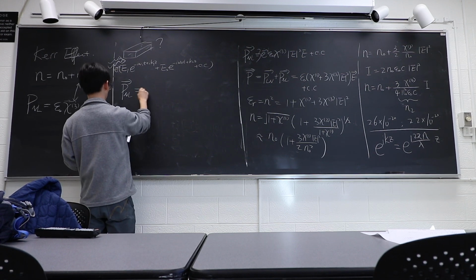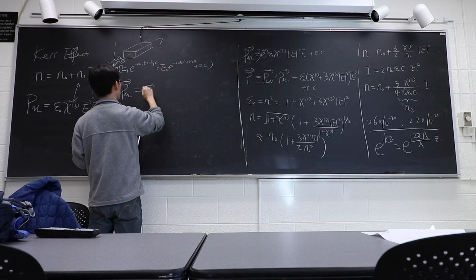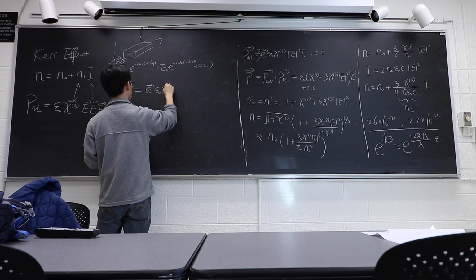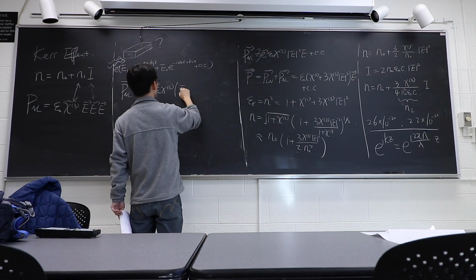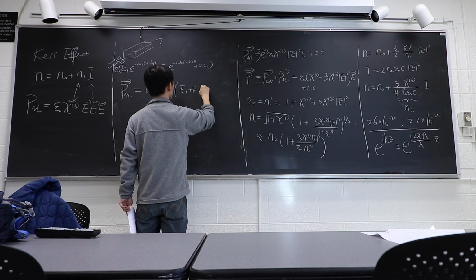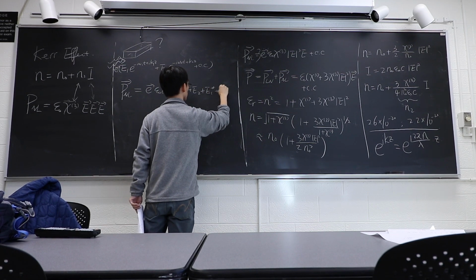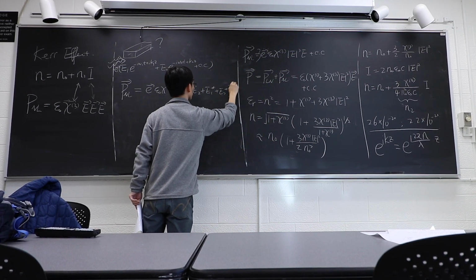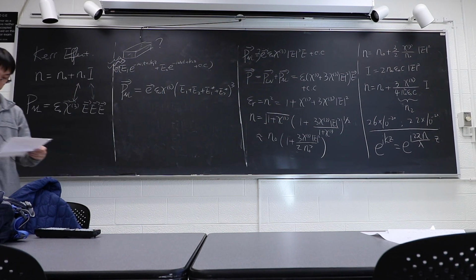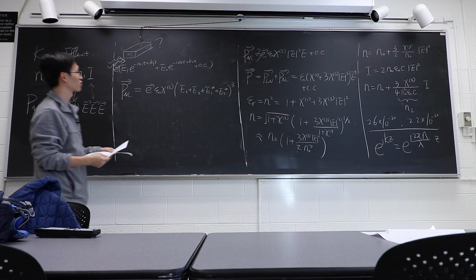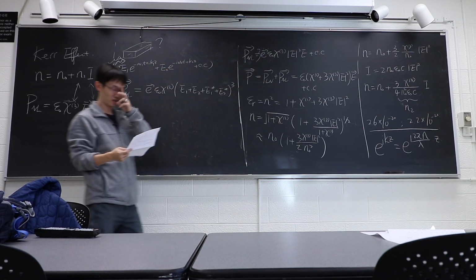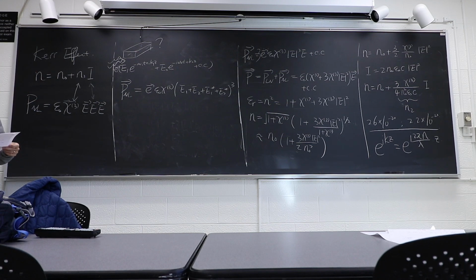So you get epsilon chi3, and then you have E1 plus E2 plus E1 star plus E2 star to the third. Okay, and if you try to expand it, it will be a little bit terrifying, so I strongly advise you not to do it.